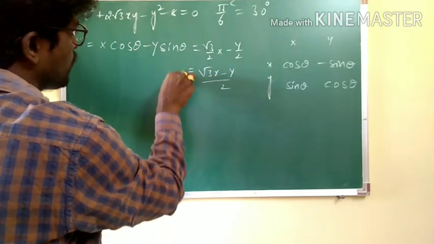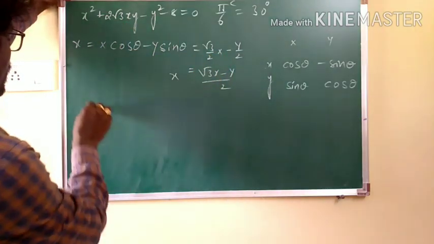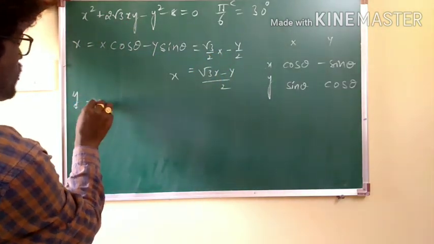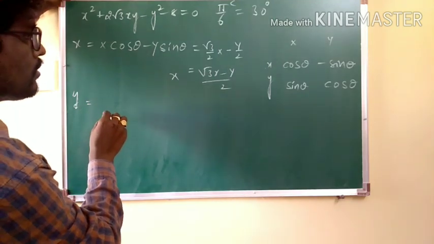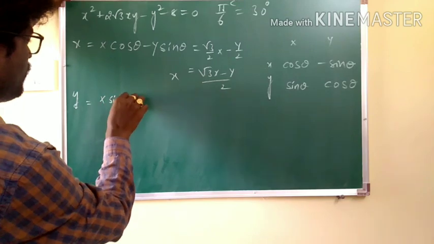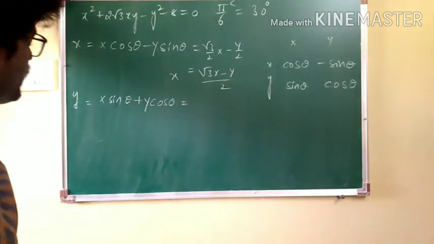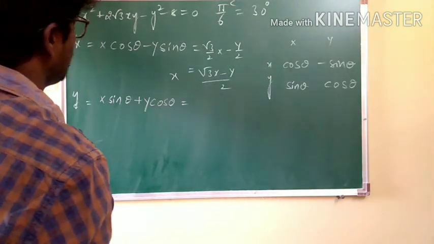So you are supposed to replace x by root 3 X minus Y by 2. Please be careful. And y is equal to X sin theta plus Y cos theta.